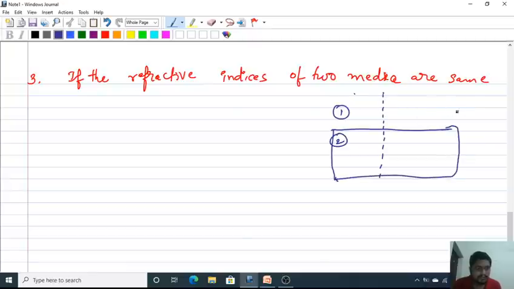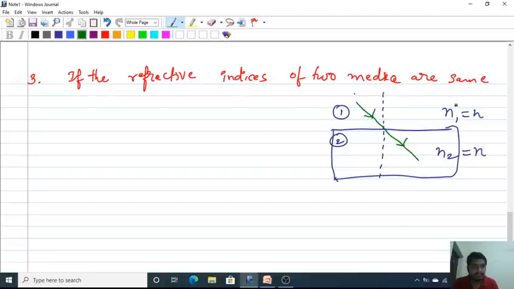Medium 1 has refractive index n1, and medium 2 has refractive index n2; both media have the same refractive index. Glass and glycerin have almost the same refractive index, so I'm not mentioning the medium here. Then what happens to the ray of light? This ray is incident on the boundary separating two media having the same refractive index. So light does not deviate from its actual path.